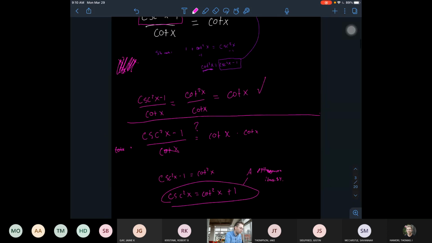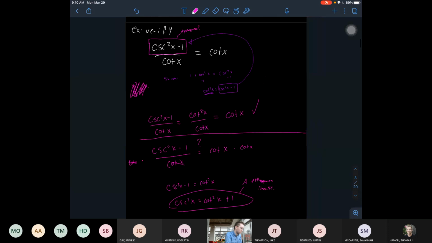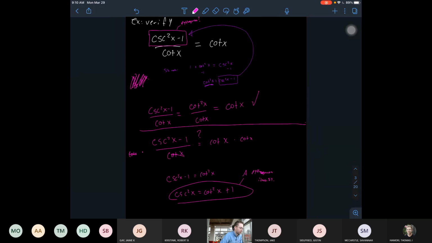Okay, so one of those two ways is good for verifying this identity. What we want to do with these verification problems is as follows.